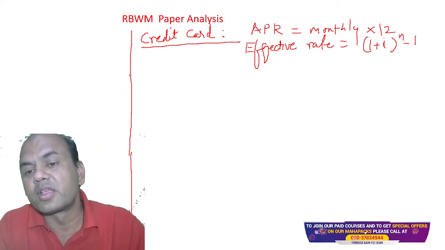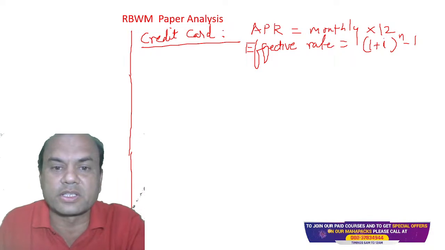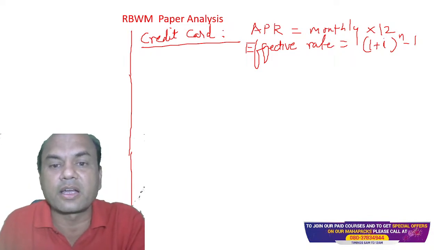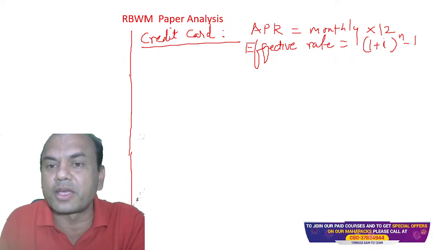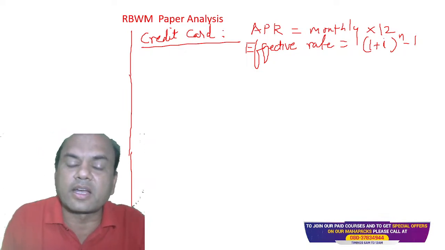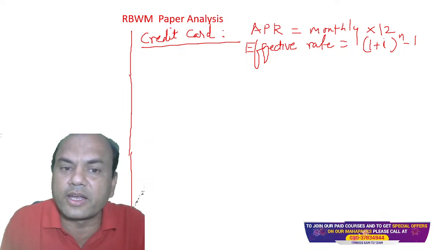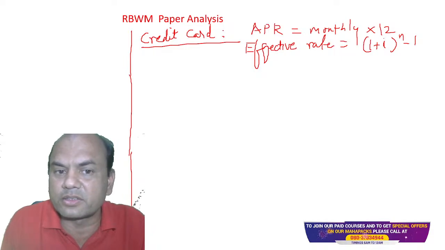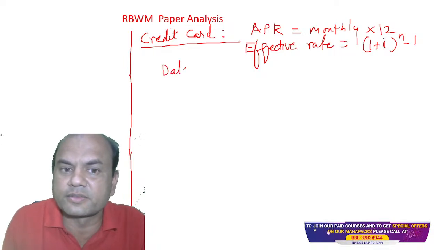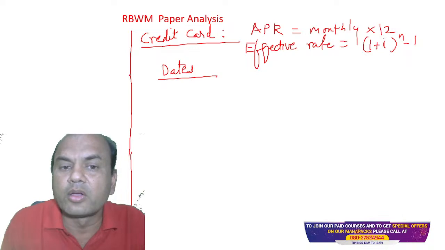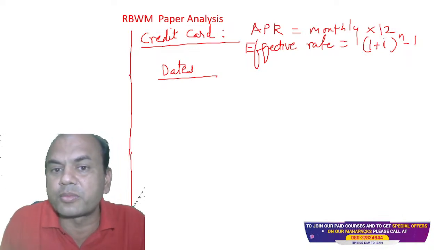Let's move on to the questions. Credit card done. In this case study APR was asked. Then in the credit card case study, they'll ask you the dates. Always remember the dates. Charging is always done from the billing date.